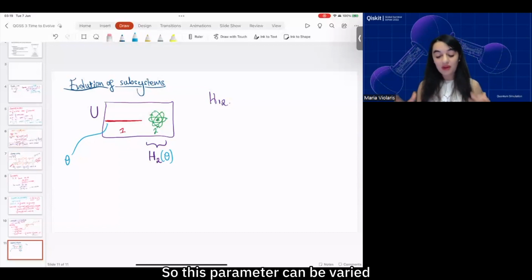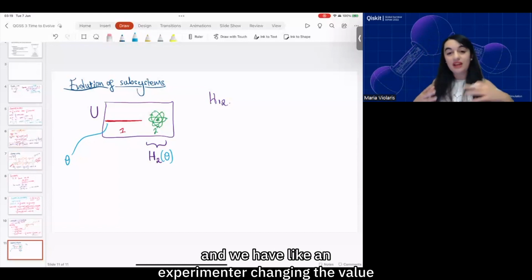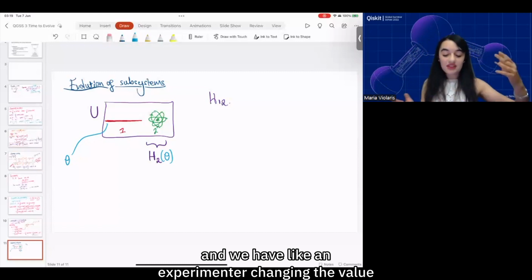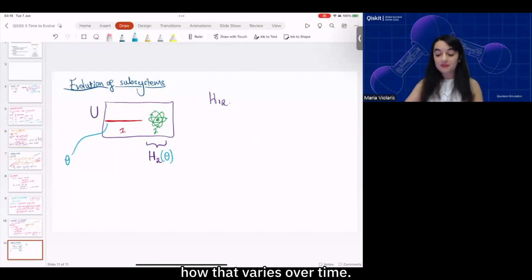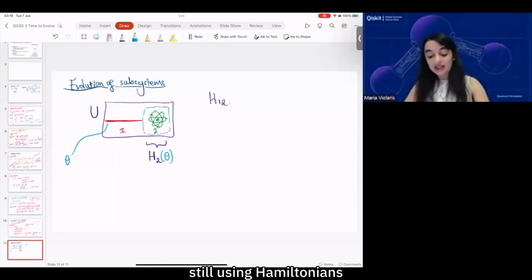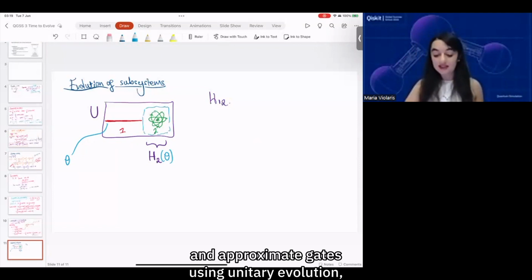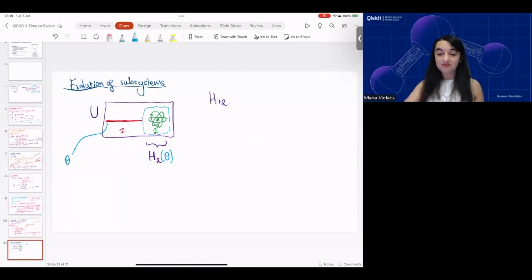So this parameter can be varied over time as the system interacts with this laser, with an experimenter changing the value of theta over time, and then we can see how that varies over time. So that's how we can model a subsystem still using Hamiltonians and approximating it using unitary evolution, even though it's not exactly unitary.